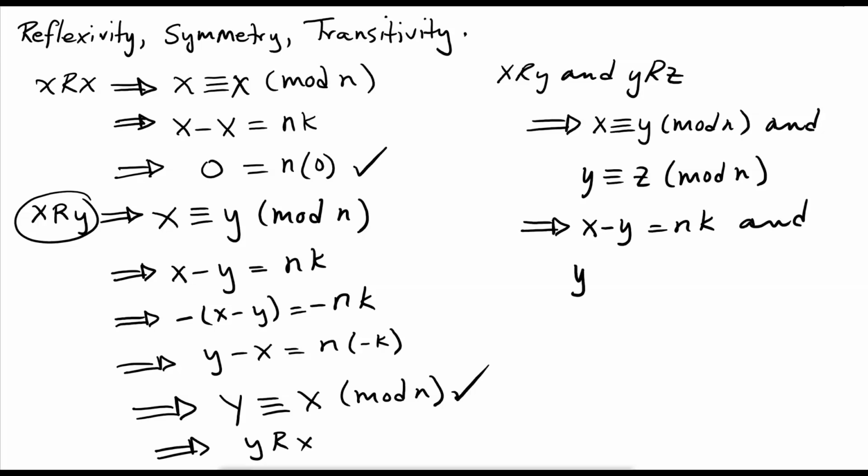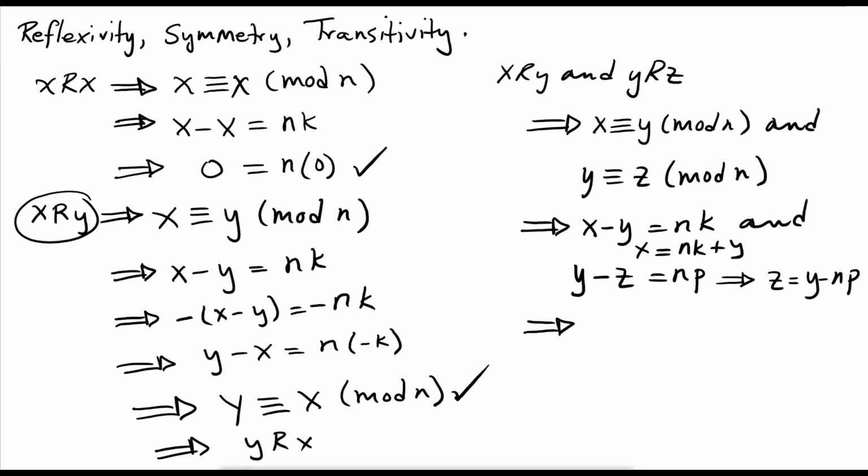And then it also means that y minus z is equal to n times, I have to use another integer, we'll call it p, for some p in the set of integers.